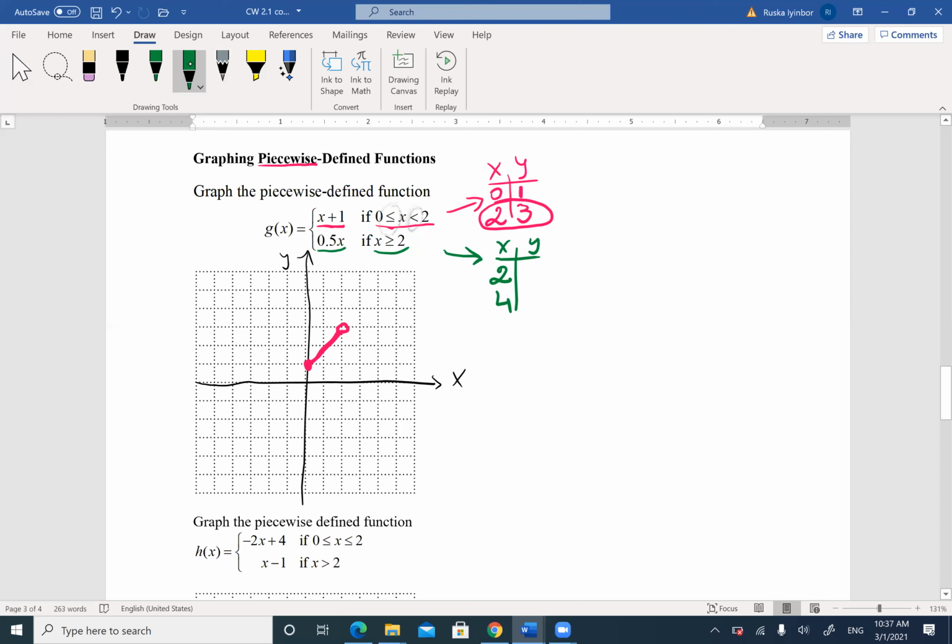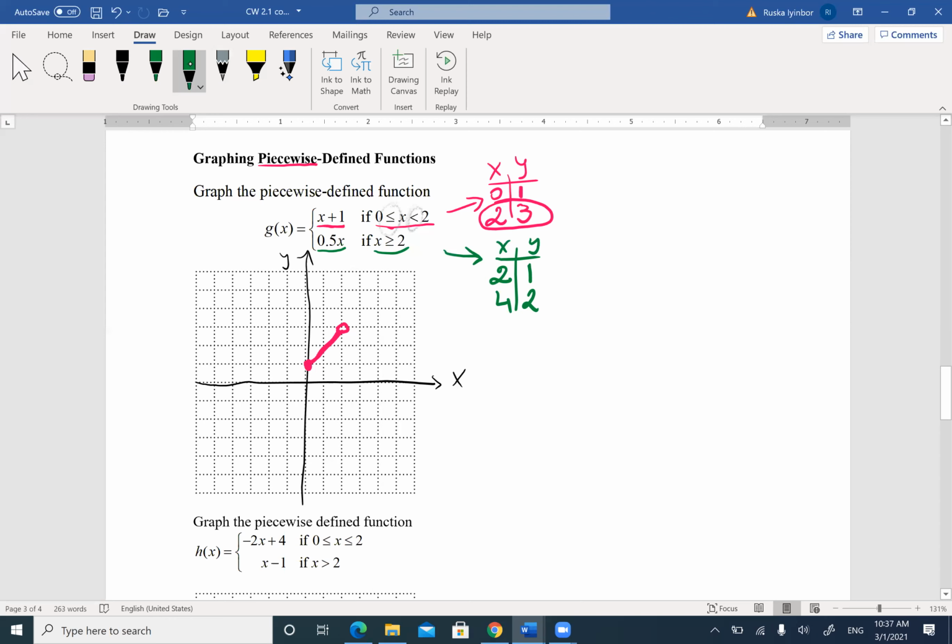When I replace x with 2, what is y? 0.5 times 2 is 1. And when I replace it with 4, 0.5 times 4 is 2. So these are the 2 points I need to graph and connect with a straight line.